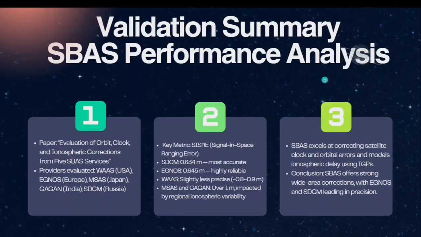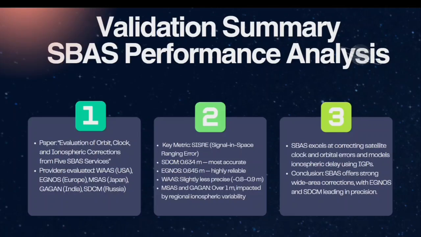Now let's move on to the validation summary, SBAS performance analysis. In this part, we are using the evaluation of orbit and atmospheric corrections from 5 SBAS surveys: WAAS, EGNOS, MSAS, GAGAN and SDCM.